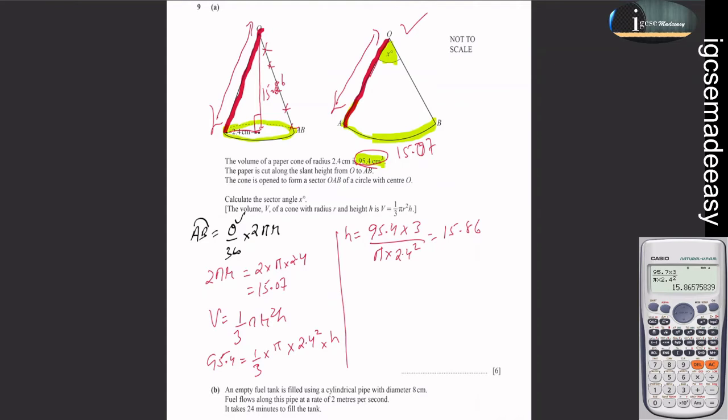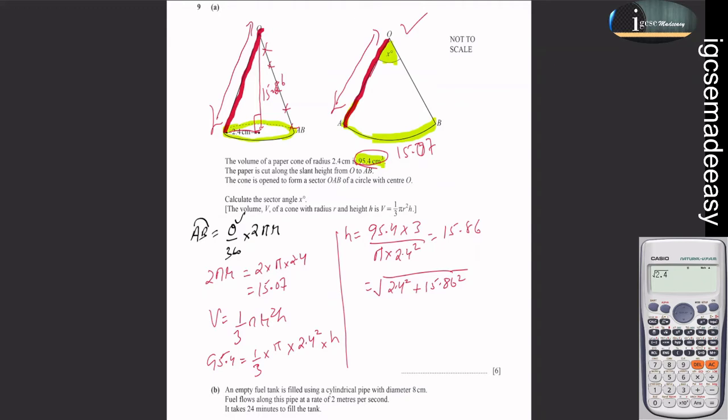We can use the Pythagoras theorem: the square root of 2.4 square plus 15.86 square gives you the value of AO. So the square root of 2.4 square plus 15.86 square. Wait.